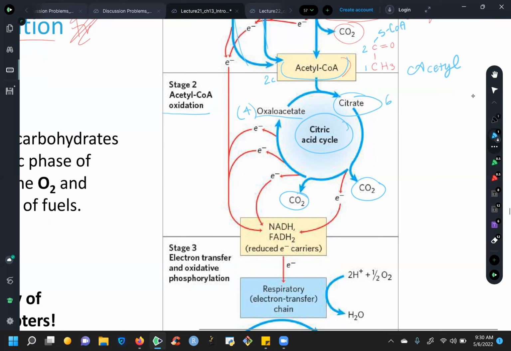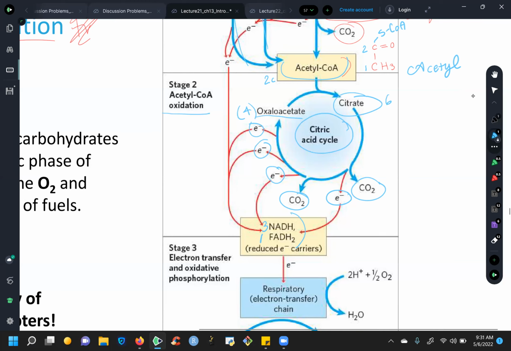So this is a really important concept that students struggle with. So remember, we're going to have 3 NADHs and 1 FADH2. So you see every time one of these electrons leaves, that's one of these electron carriers. So imagine a little taxi swinging by and picking up an electron and taking it to the next step.